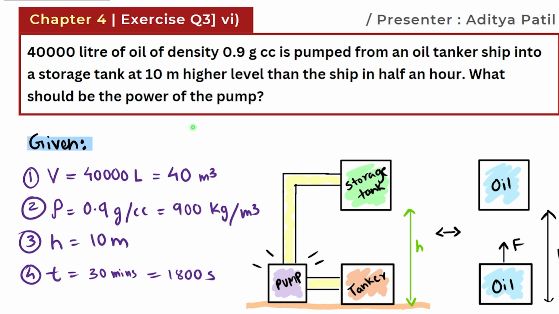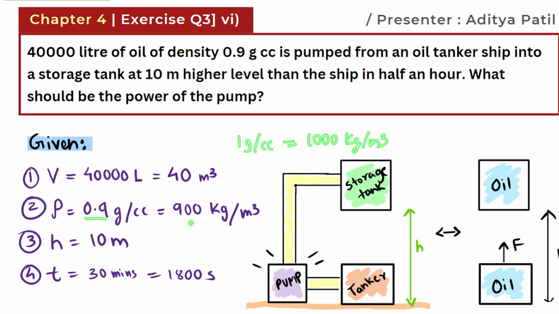Now, the second quantity that's been given to us in the question is the density of the oil, and this density is 0.9 grams per cubic centimeter. Again, this particular unit is not an SI unit, so we need to convert it into an SI unit, that is kg per meter cube. And the conversion ratio is 1 gram per cubic centimeter is 1000 kilograms per meter cube.